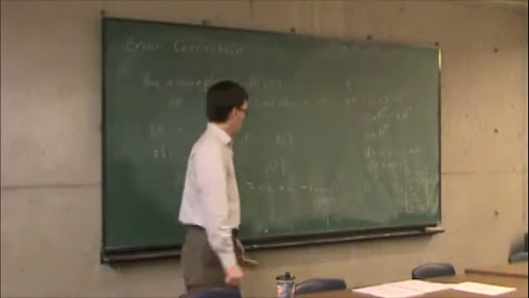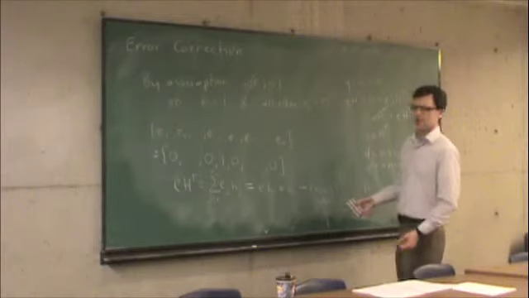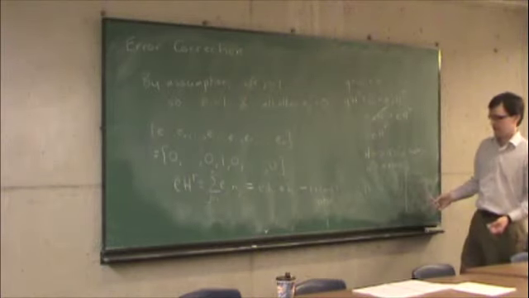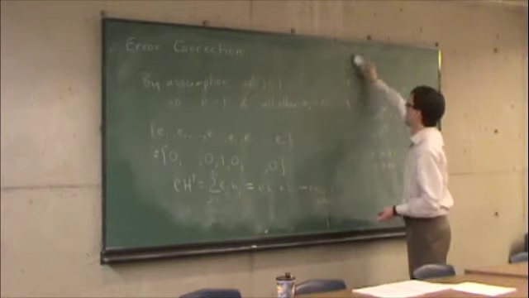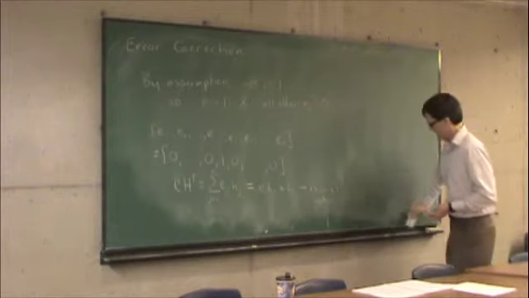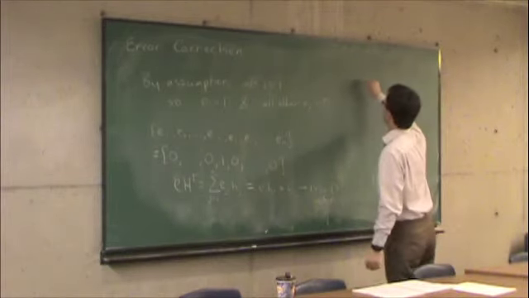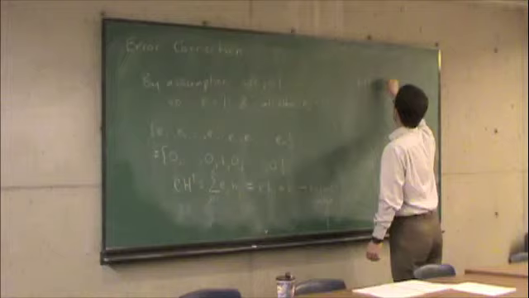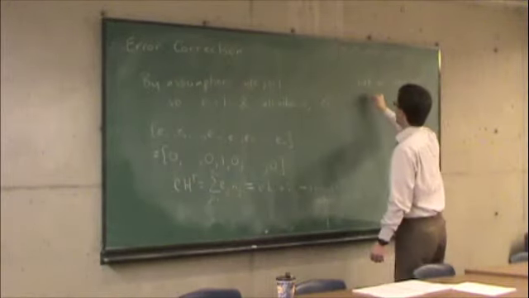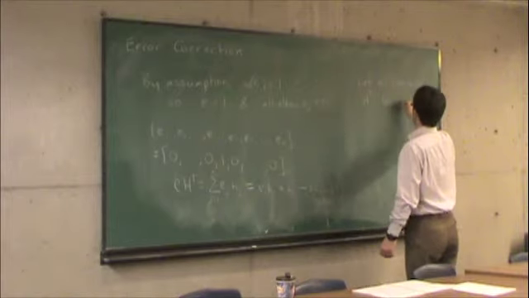So this gives us an idea of how to design a single error correcting code. So let all rows of H transpose be unique.